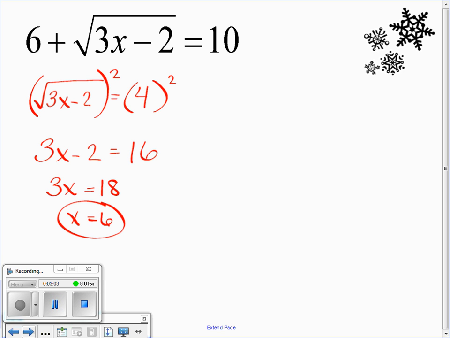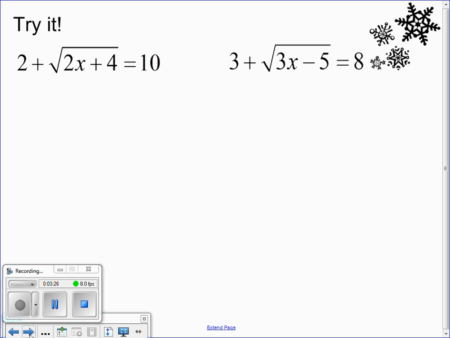If I plug this back in, 3 times 6 is 18 minus 2, which is 16, square root of 16, plus 6, 10. So it does work. Just know that whenever you're squaring both sides of an equation, sometimes you incorporate extraneous solutions. So we need to always make sure we're checking for the extraneous. How about you guys try these two on your own? Let's see how we do.